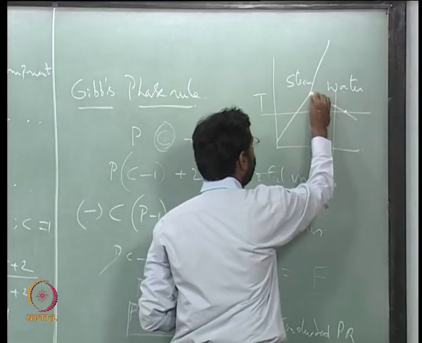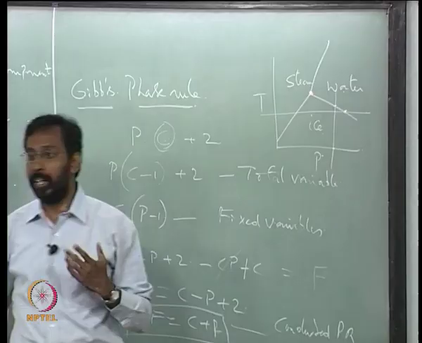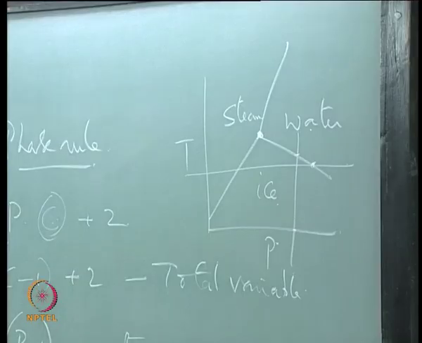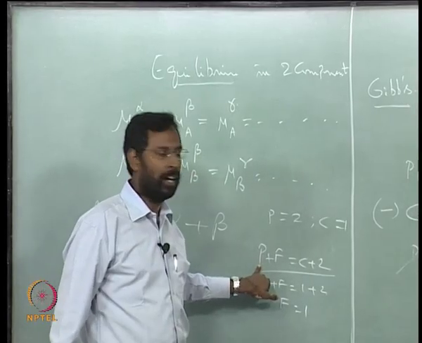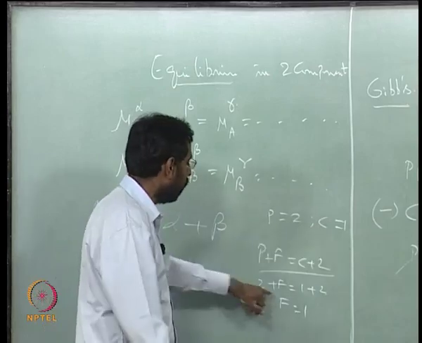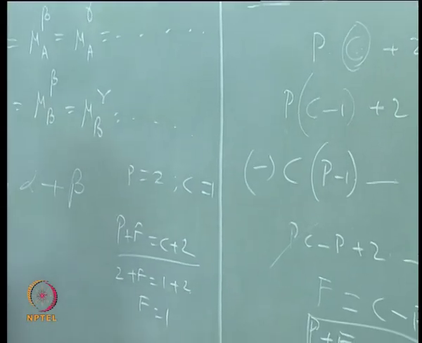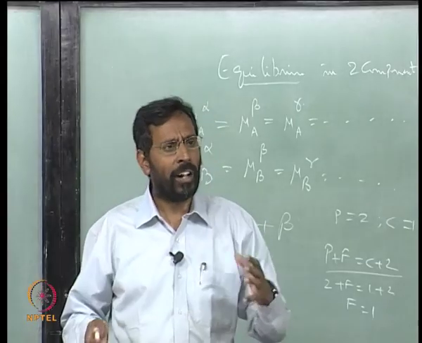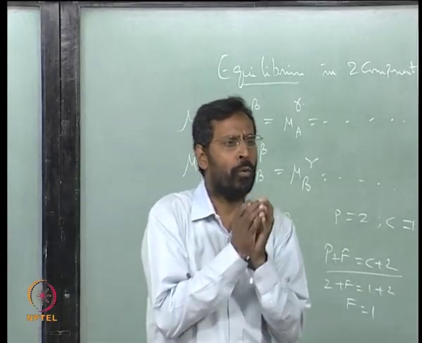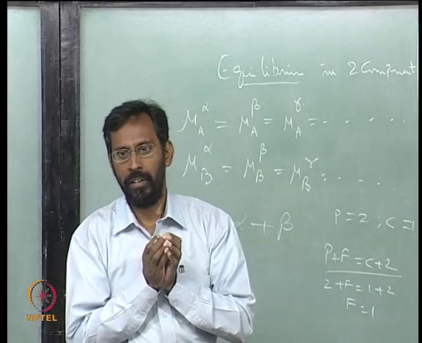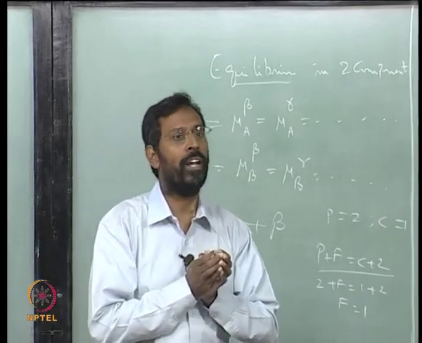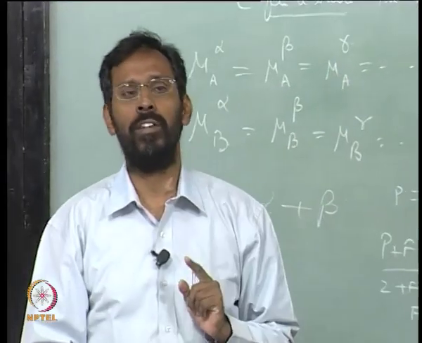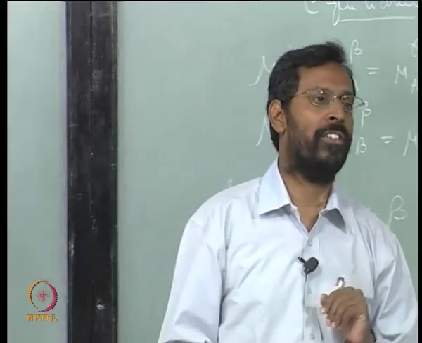So that is how we look at it, and you can talk about any of these lines from that point of view. Now if you come to this point where the three phases are in equilibrium, you put P as 3 and C as 1, and you would see F becomes 0. That is where we say there are no degrees of freedom. If you want all three phases to coexist, they can coexist only at a fixed temperature and pressure, and that is not in your hands.